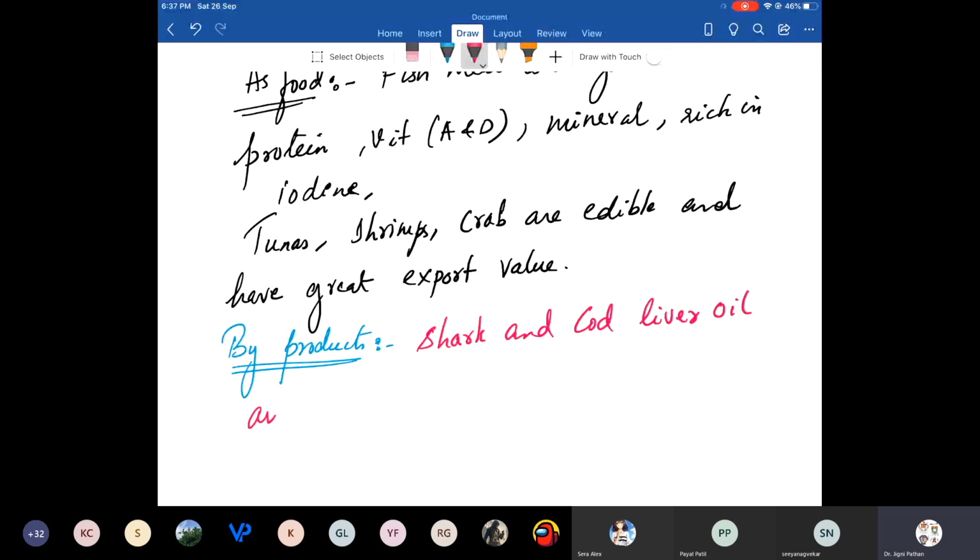Good source. This is again important. Good source of dash vitamins. Who can answer me? Vitamin A and vitamin. Anyone? Vitamin A. Shark has A in it.